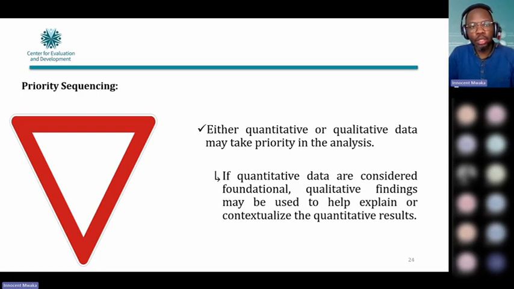But what priority sequencing is doing is that once one has certain findings, you want to explore them a little bit more and provide more context. So the analysis takes different levels. You first analyze one component before you go into the analysis of the next.